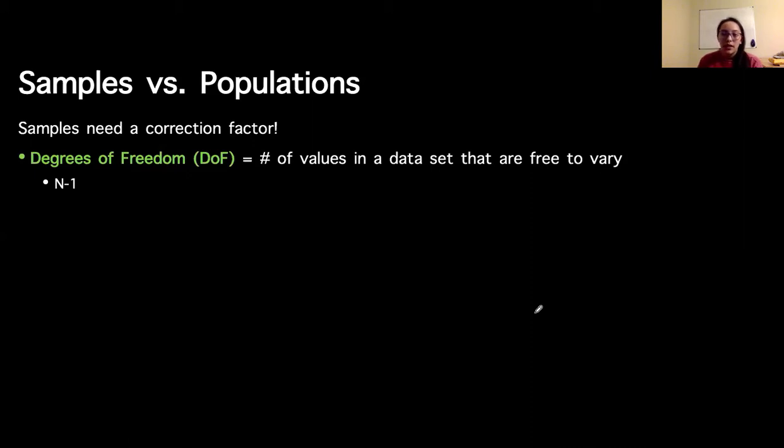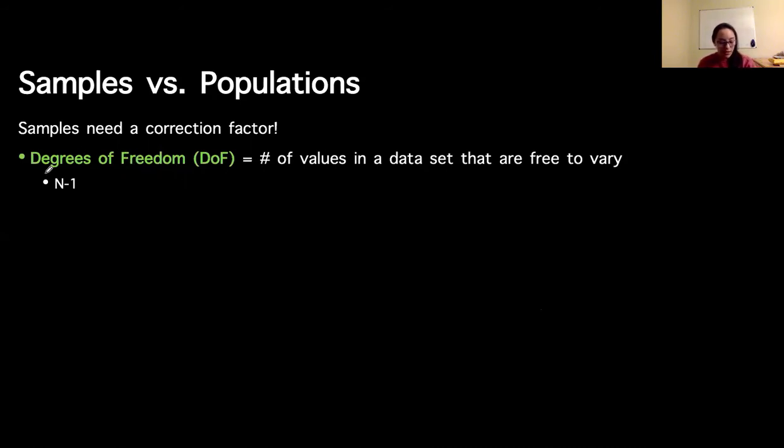Because we like to assume that we have a representative sample of the population, but let's say your population is approximately 1 million people, but your sample size is 30, right? How do you draw conclusions of 30 people onto 1 million people? Okay, and that's why we include this thing called degrees of freedom.